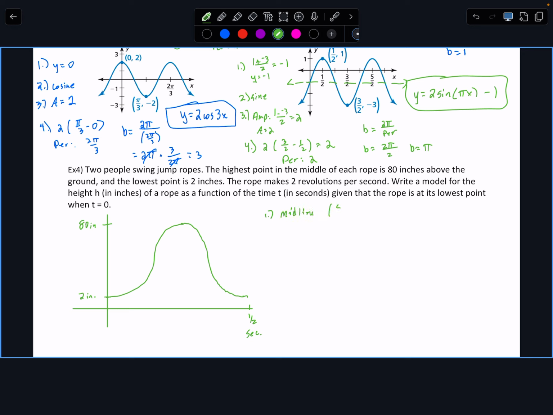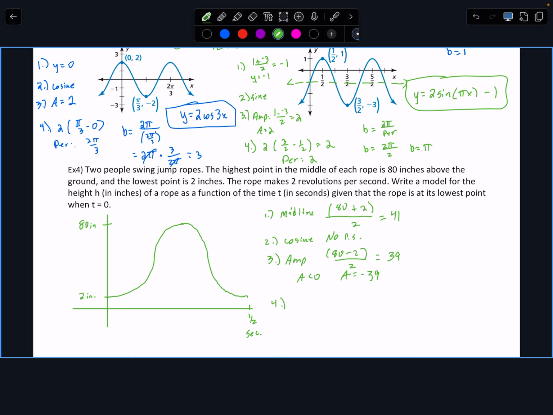And thirdly, your amplitude is your max minus your min divided by 2, and that is 39. And A is negative, so A is a negative 39 because it's starting at the minimum. It is a reflected cosine graph. It's not starting at the max, it's starting at the min.